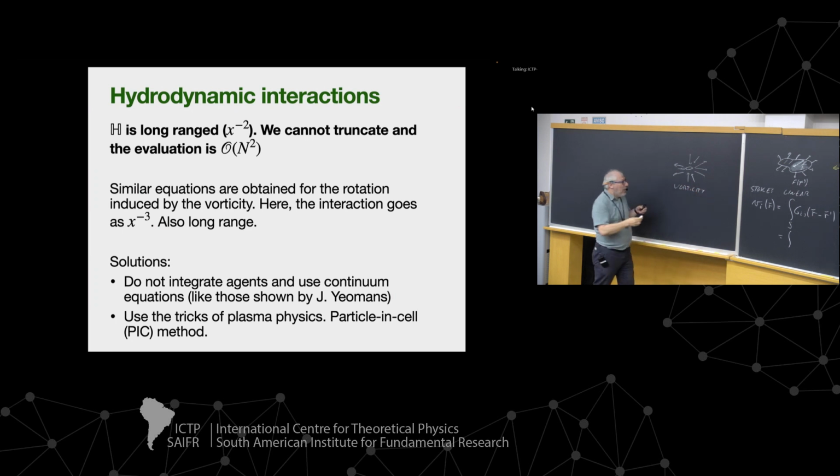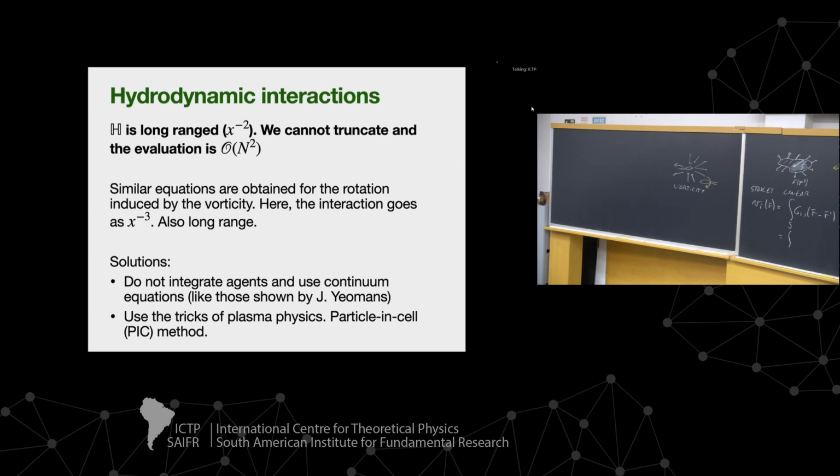Now if you put another swimmer here, it is going to rotate due to the other swimmer. So they not only swim in a moving fluid, but in a moving and rotating fluid.